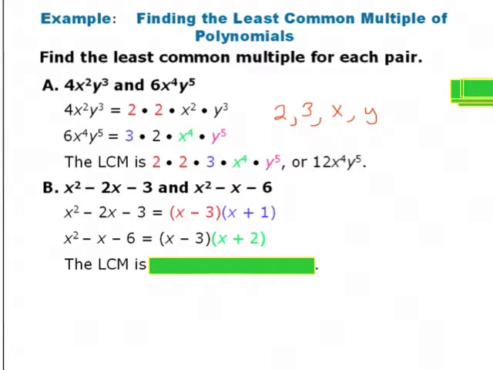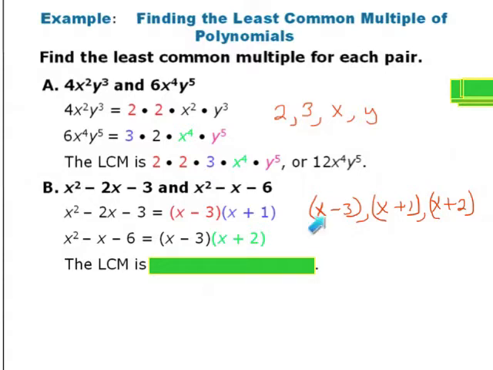Now, you needed to write down the different factors here. So let's see, I have an x minus 3, I have an x plus 1, and I have an x plus 2. Alright, so let's take the largest number of each.